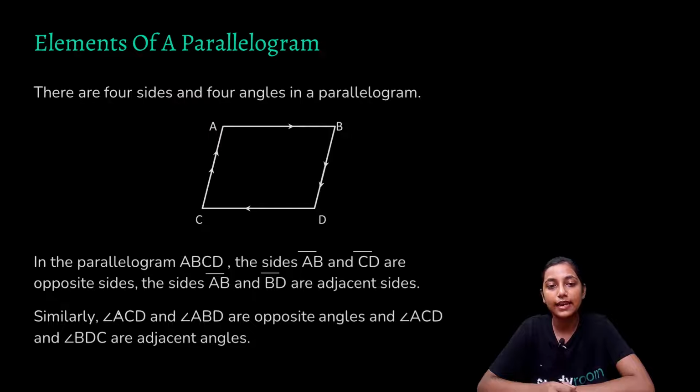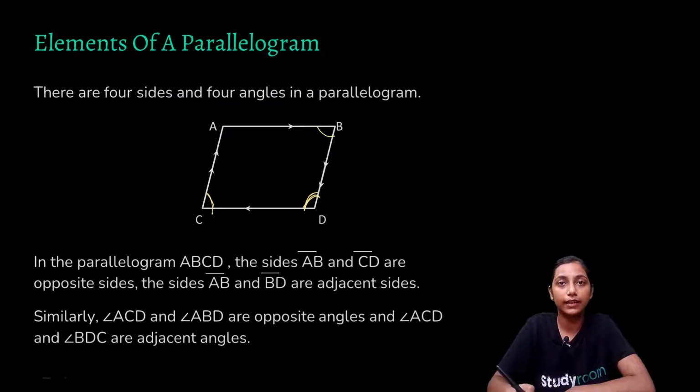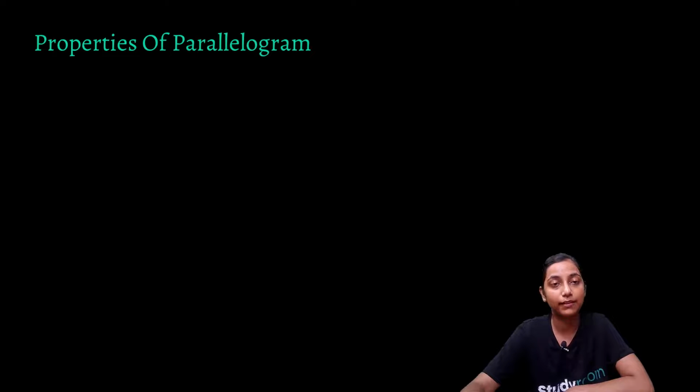Similarly, angle ACD, this angle, and angle ABD, this angle, are opposite angles, and angle ACD, this angle, and angle BDC are adjacent angles. These are known as opposite angles, while these are known as adjacent angles, the angles that are together. This is a parallelogram and its elements.